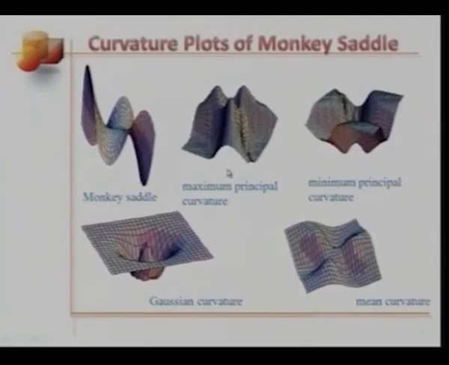This shows the maximum principal curvature, kappa n, and this shows the minimum principal curvature, kappa n. This is the plot for the Gaussian curvature, and this is the plot for the mean curvature.